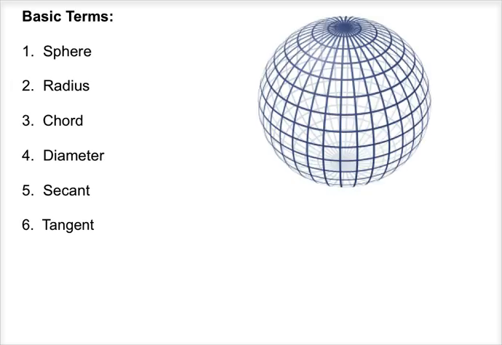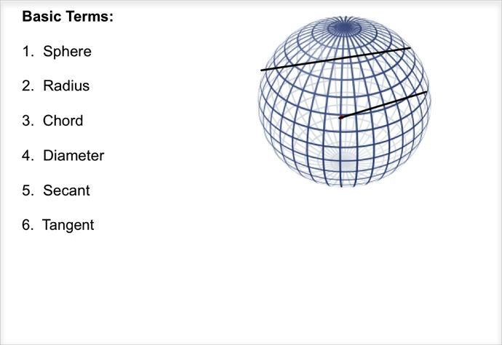Some basic terms here. A sphere is the set of all points in 3-dimensional space that are all the same distance away from a given point. The radius is still going to be pretty much the same thing. If you imagine where the center of the sphere is, the radius is the segment that connects from the center to any location on the sphere. A chord is still a segment that intersects the sphere in 2 places, so the endpoints are someplace on the sphere.